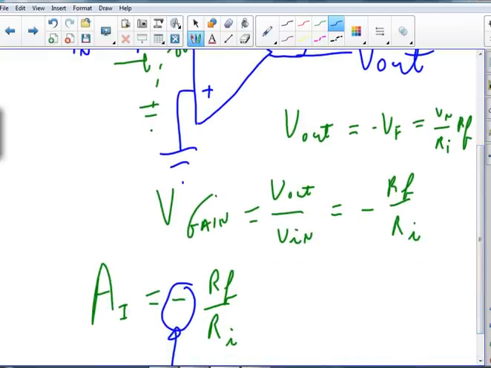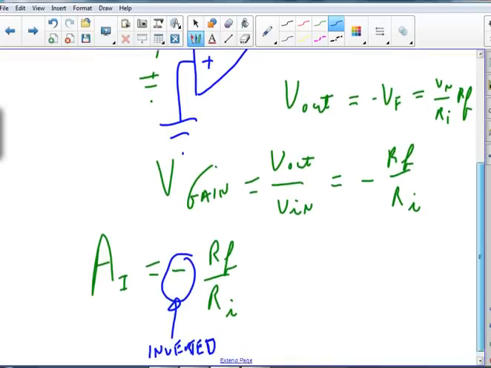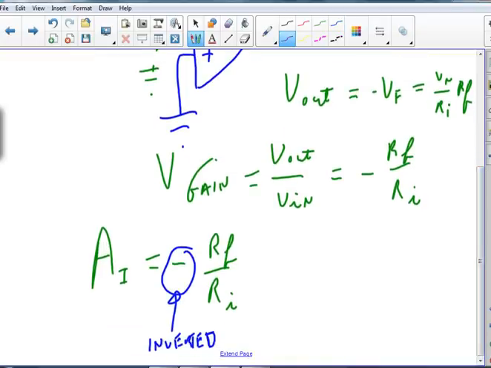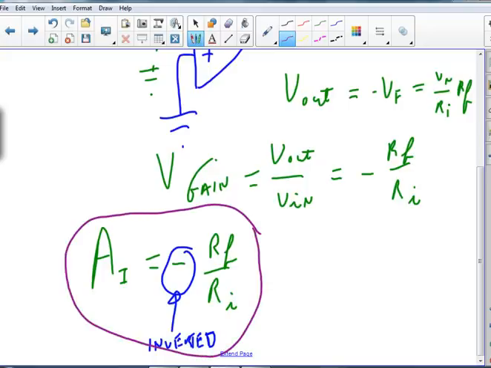So the output voltage divided by the input voltage is minus Rf divided by Ri. Now, what do we remember? Well, in the case of most of you, not very much, but if you're going to remember anything, it's going to be the voltage gain. The voltage gain of an inverting amplifier is minus Rf over Ri.